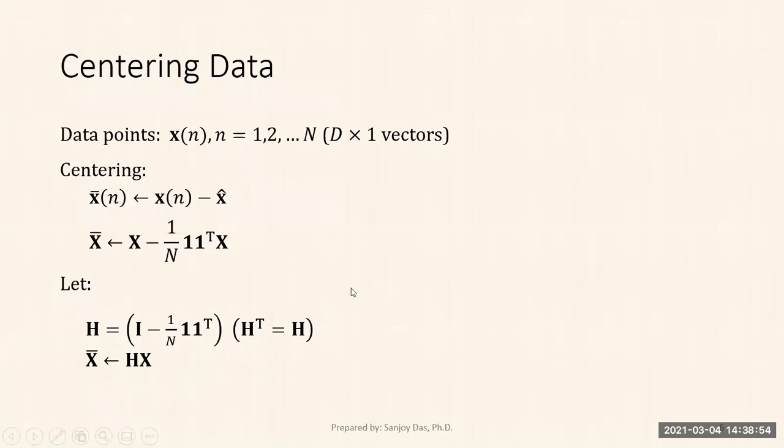Okay, now why does this work? Maybe I'll use the whiteboard. So 1 is a vector of n ones.